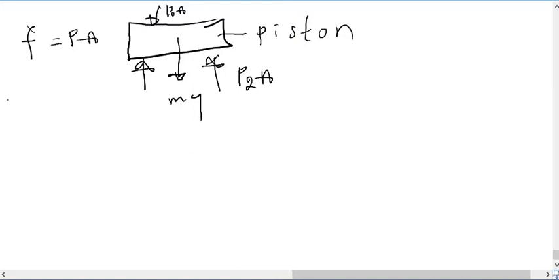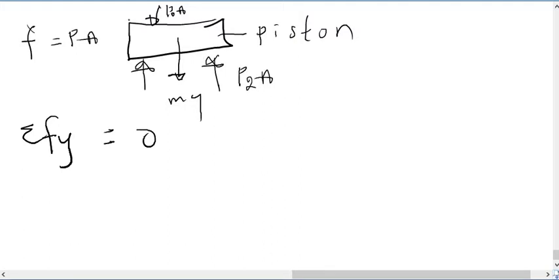Now, by applying Newton's law of motion under equilibrium, summation of Fy equal to 0 along the y-axis, summation of Fx equal to 0, summation of moment equal to 0. That's the equilibrium condition. But we only have force along the y-axis, so we consider the y-axis.